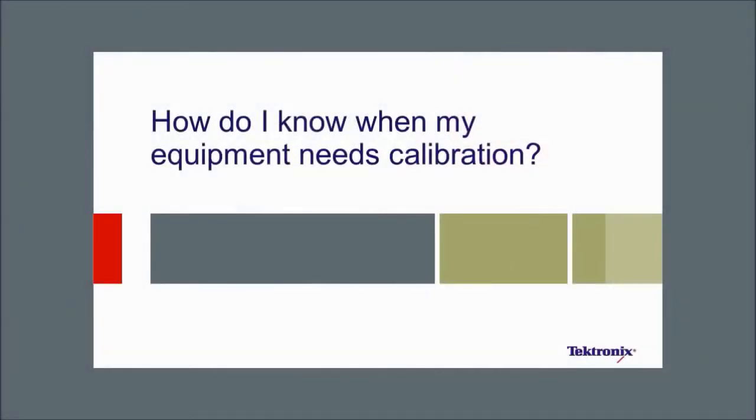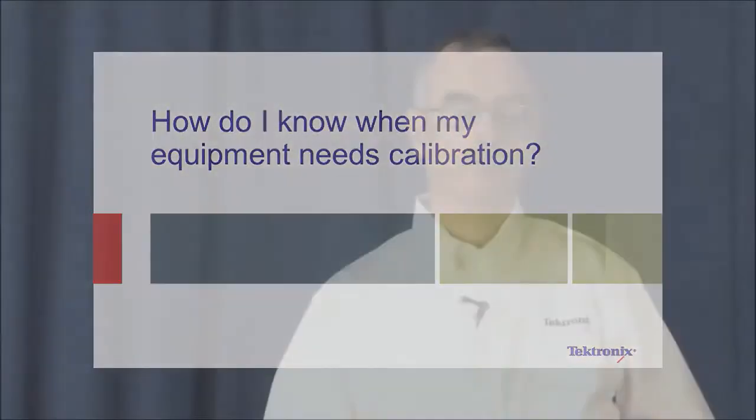So what's required to know when to calibrate and what to calibrate? There are a lot of variables to this. It's a difficult question that gets asked, and it's difficult to answer in some cases, but it's critical because you have to look at what's the risk of a failure, what's the risk of a nonconformance.